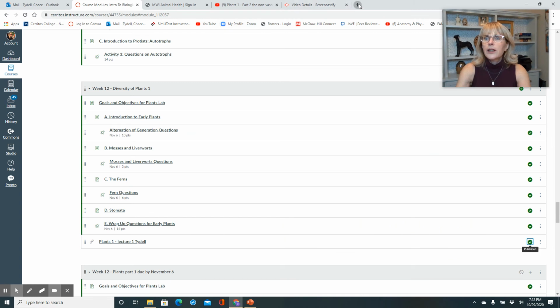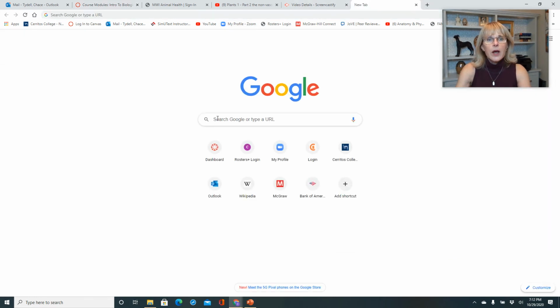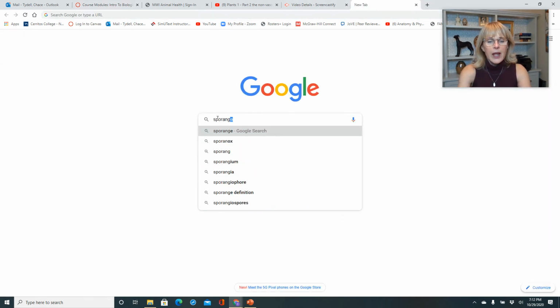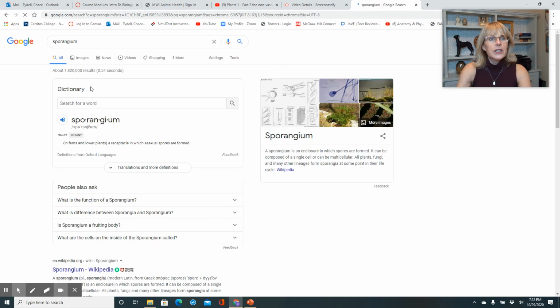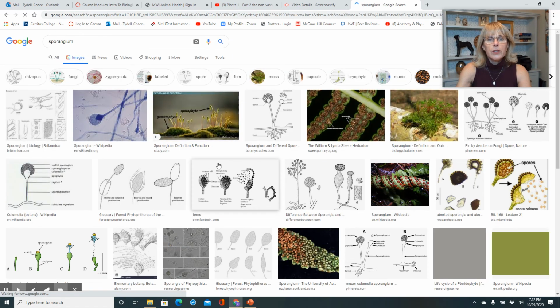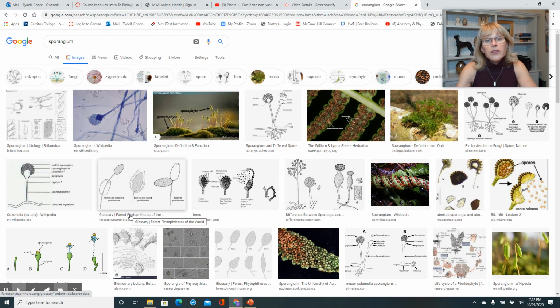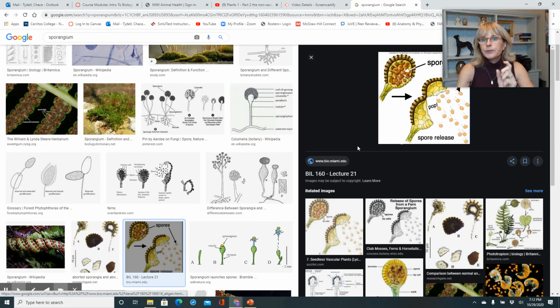Yep, I'll look it up for you. Sporangium, because I might show you one and ask you what it is or where you find it. So sporangium, and we'll do images. Okay, yeah, we look at these usually through the microscope. Okay, this is what they look like, generally speaking.